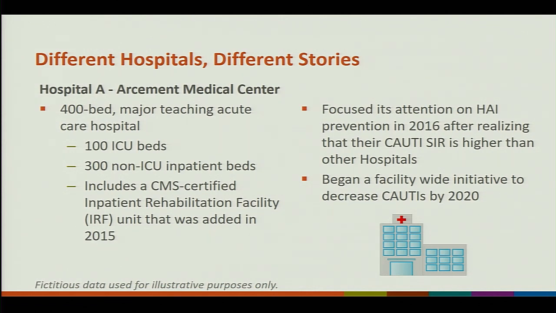And on the right side of our slide, we're looking at what's going on in this facility. So it focused its attention on HAI prevention in 2016, after realizing that their CAUTI SIR is higher than other hospitals of comparable size. So it began a facility-wide initiative to decrease CAUTIs by 2020.